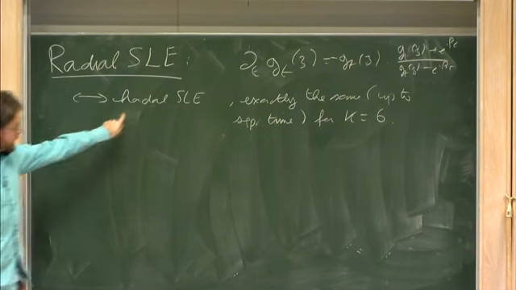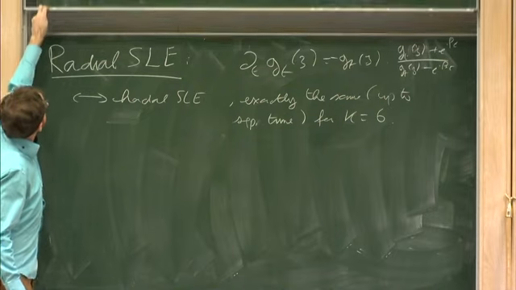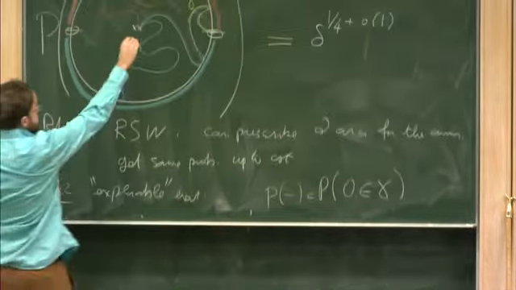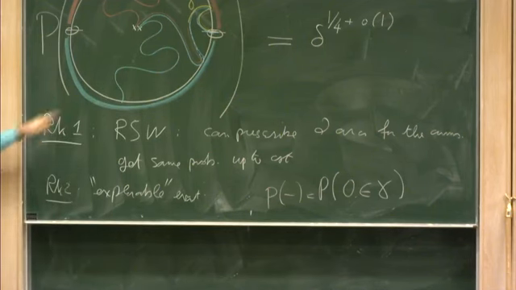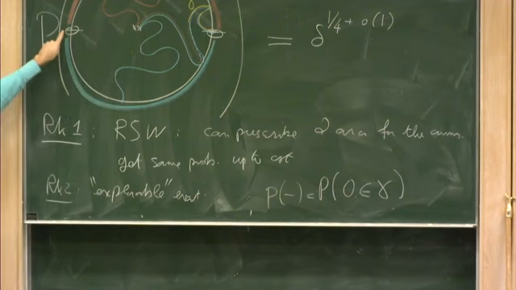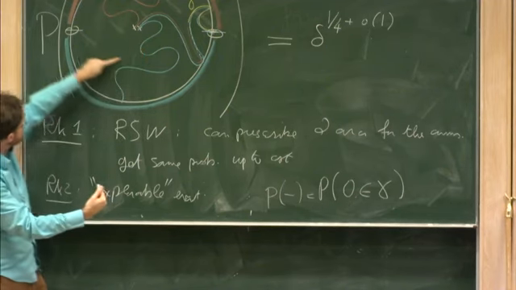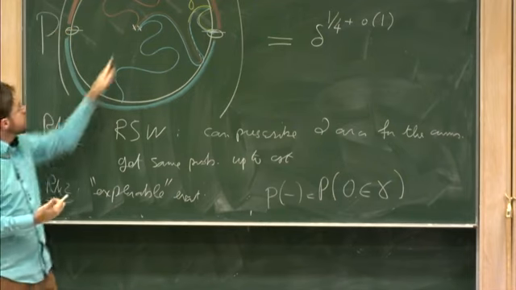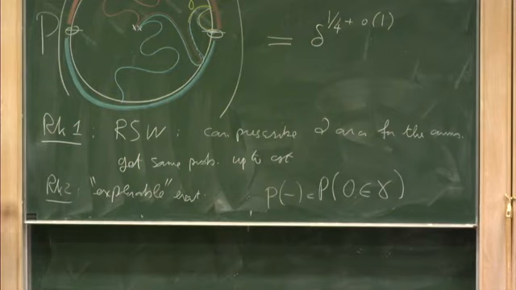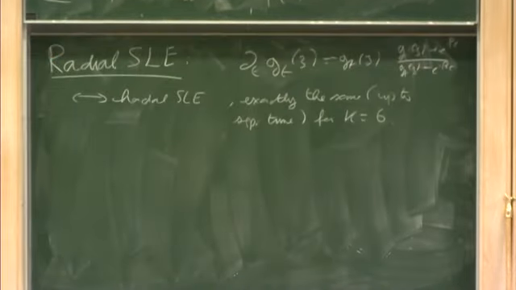So the point here is that if you are studying this event, and if you go through this point here, it has to occur before you separate the point from the target of the SLE, because once you separate the points, the exploration curve will continue towards the -1 point here, and there's no way it can go through 0. So this event is also measurable with respect to a radial SLE.